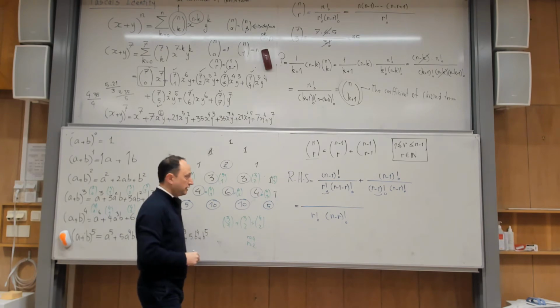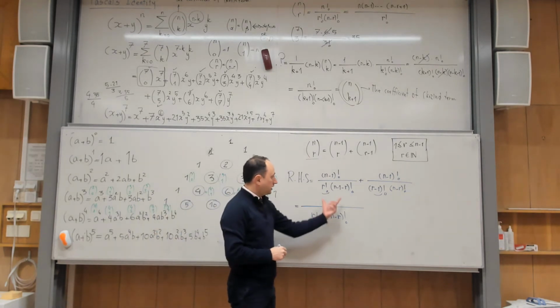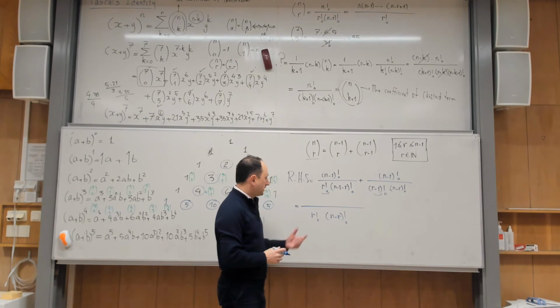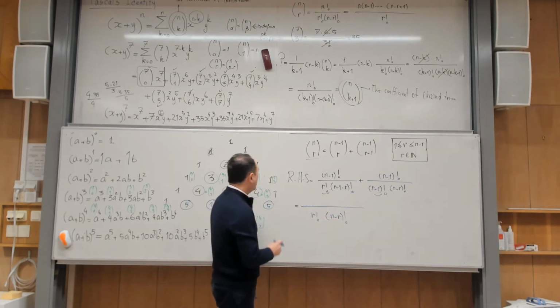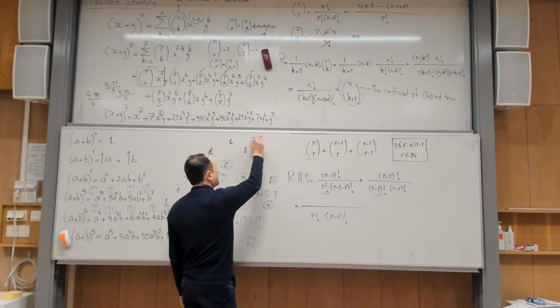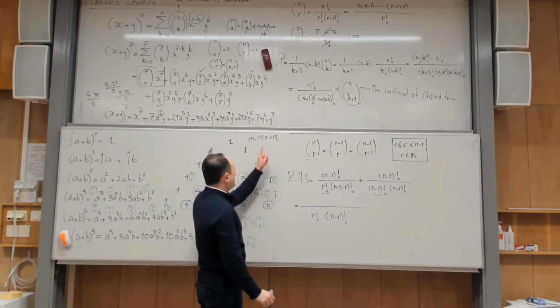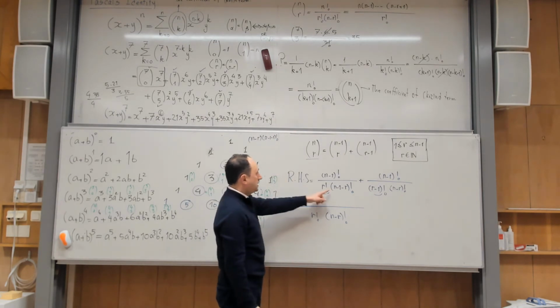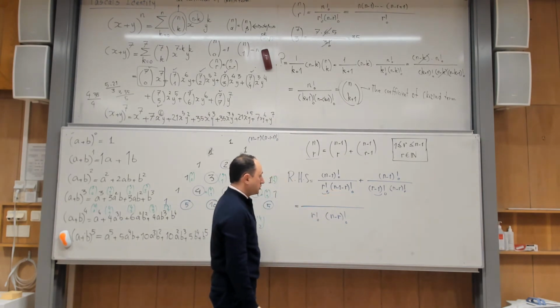And let us do this in our head. This divided by this one, what will happen? R factorial and all factorial are gone. N minus r, you can view it as n minus r times n minus r minus 1 factorial. N minus r minus 1 is exactly as n minus 1 minus r, so there is no difference.